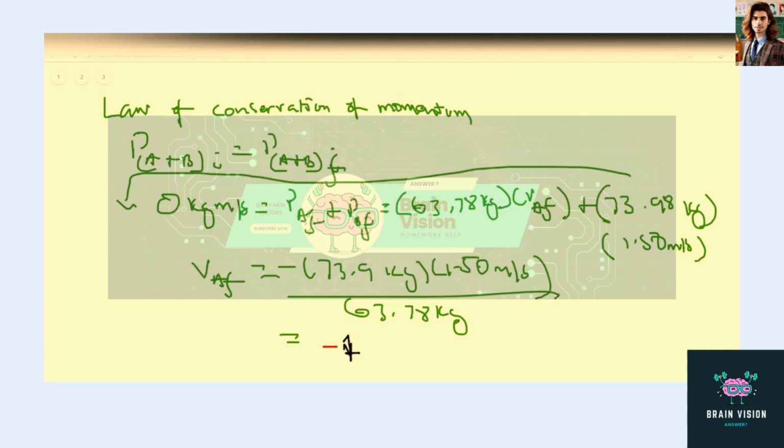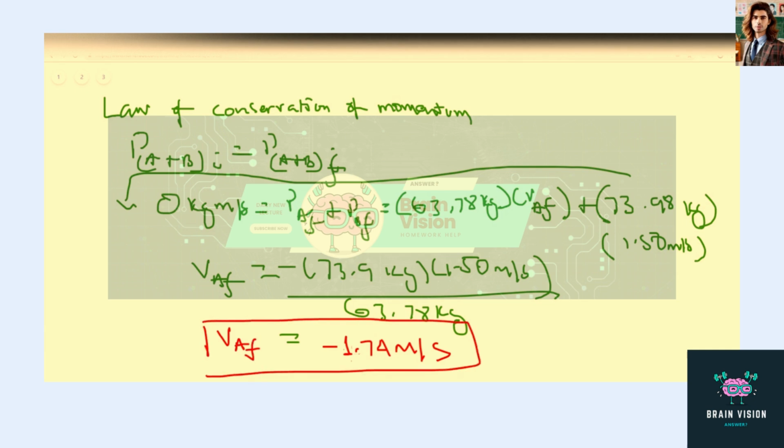I need to change this so it makes sense. This is the final velocity of A. So that's the initial part of the problem that we've dealt with.